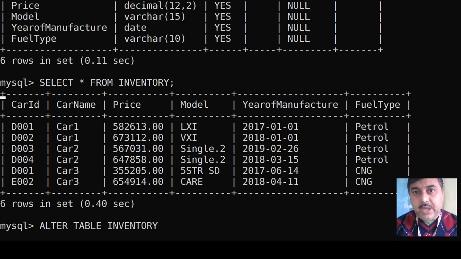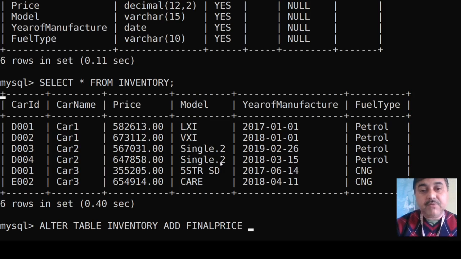We need to add, so we will write ADD. What do we need to add? One new column, and the name of the new column is final price. So we will write final price.